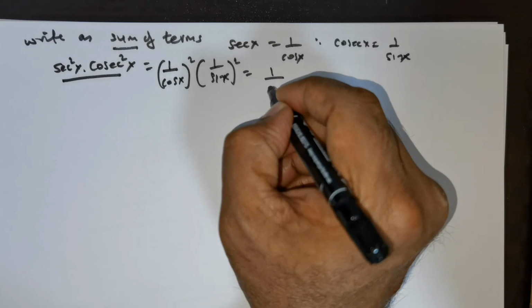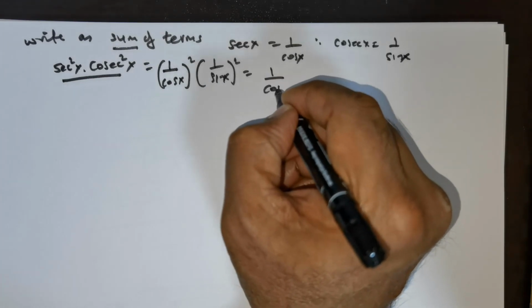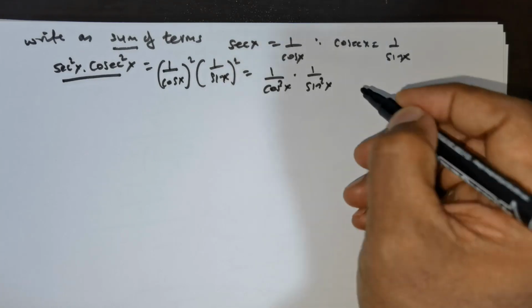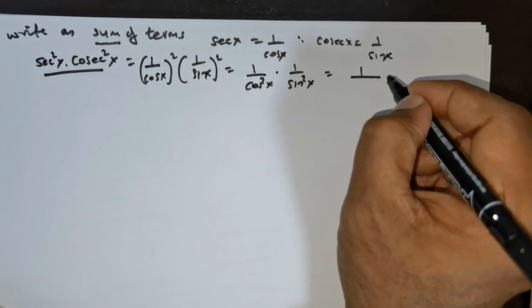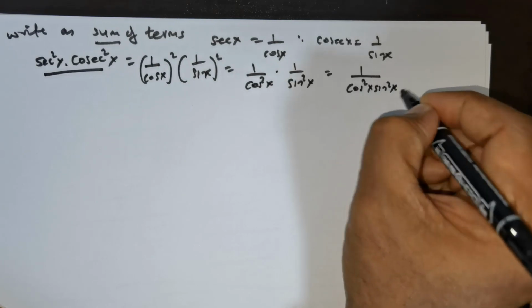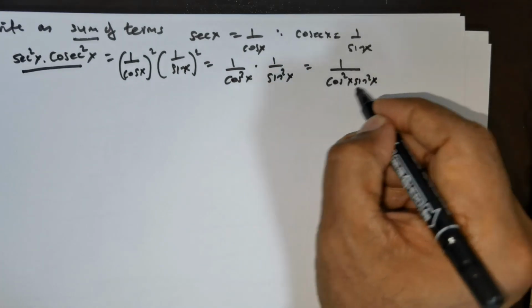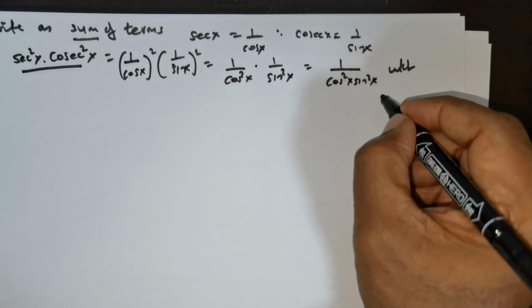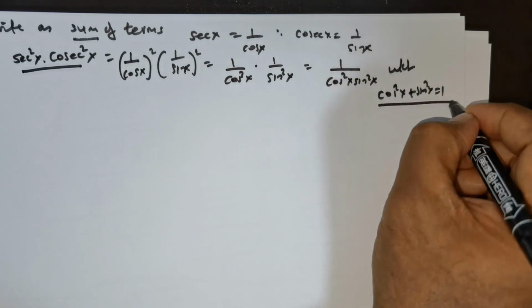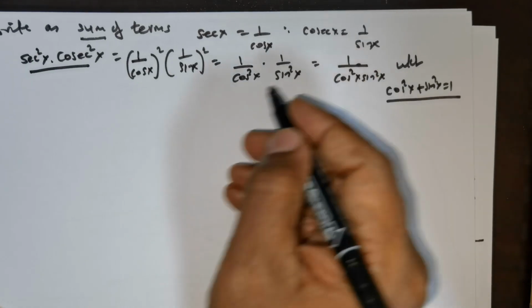This can be rewritten as 1 over cos squared x times 1 over sin squared x. I can further rewrite this as 1 over cos squared x times sin squared x. Now we know that cos squared x plus sin squared x is equal to 1. Substitute that in place of this 1.